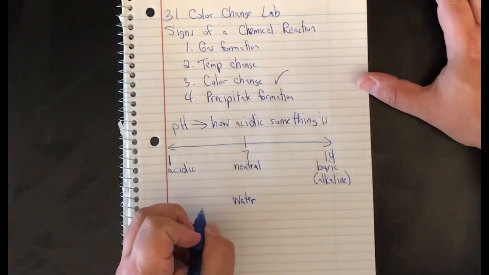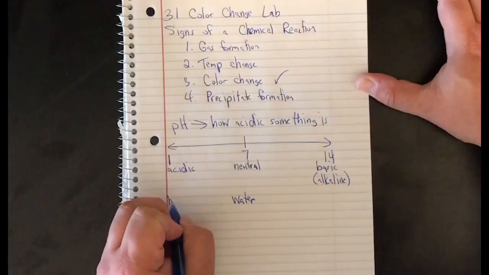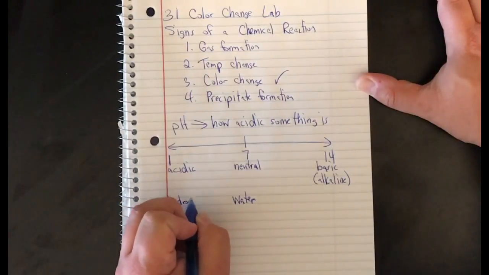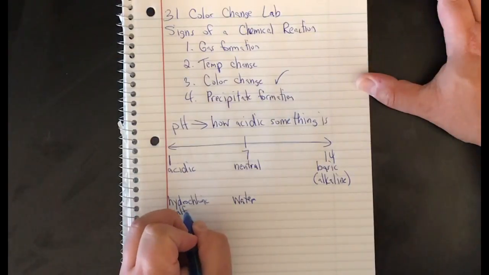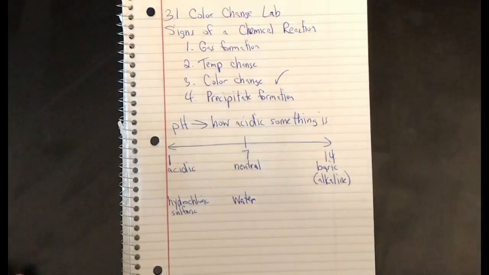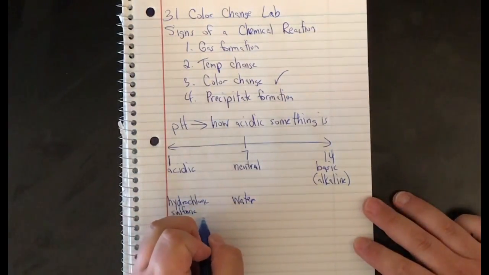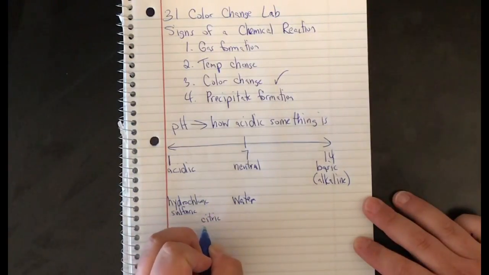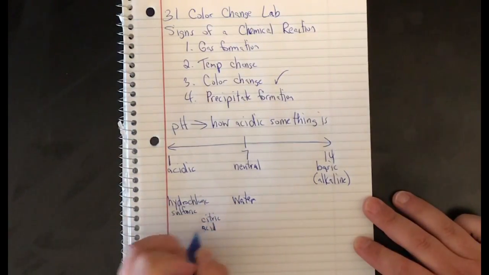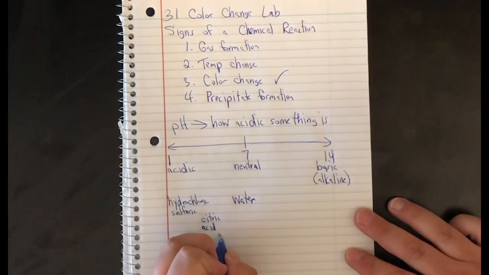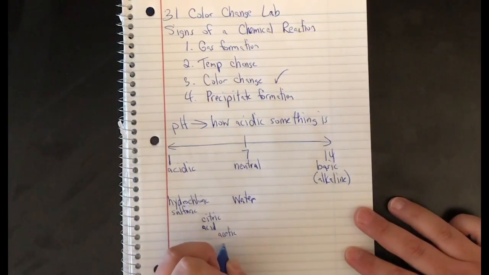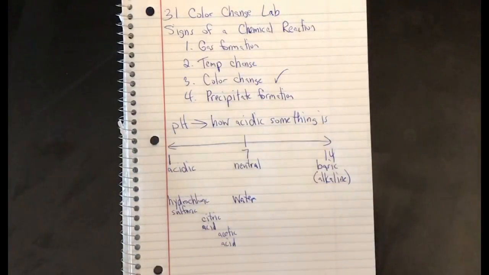Strong acids would be things like hydrochloric acid, which is stomach acid, or sulfuric acid, which is battery acid. Milder acids would include citric acid, which is found in lemons and limes, and acetic acid, which you might remember as being in vinegar.